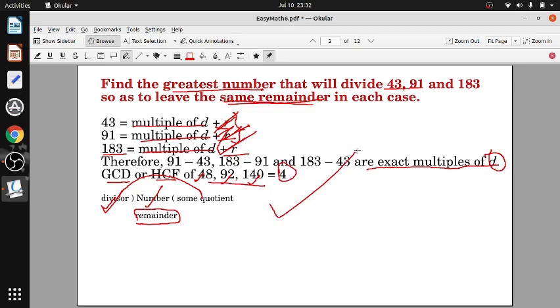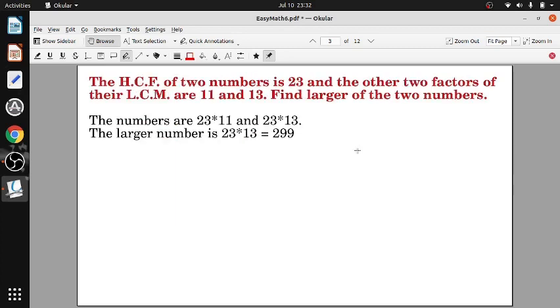Okay. Now next. The H.C.F. of two numbers is 23 and the other two factors of the L.C.M. are 11 and 13. Find the larger of the two numbers. So 23 is a common factor. 23 दोनों number में है.